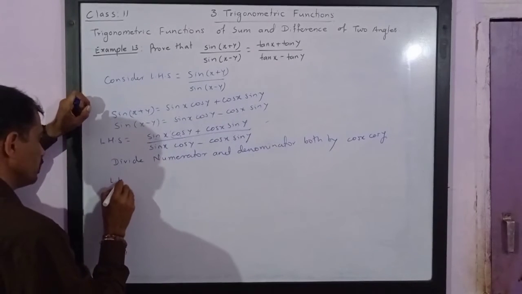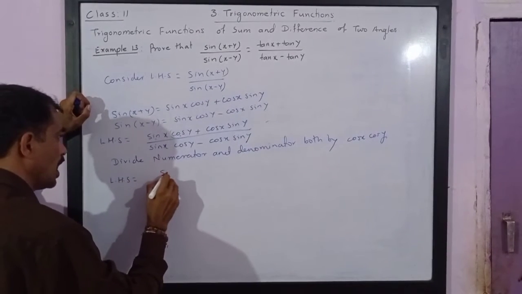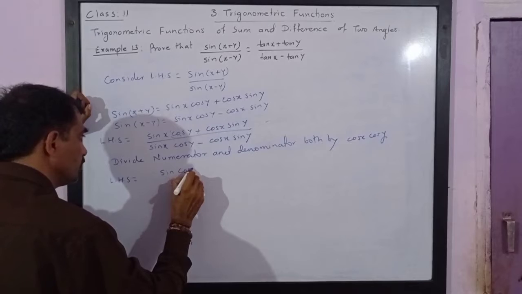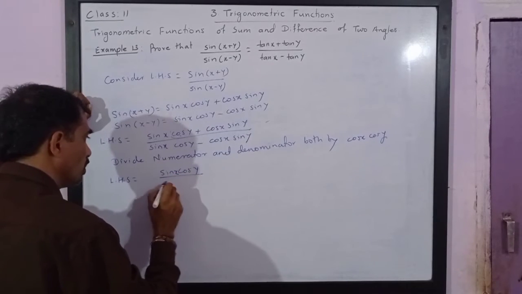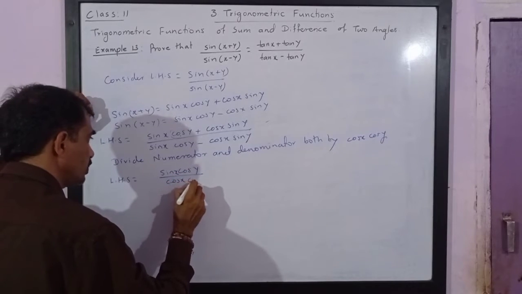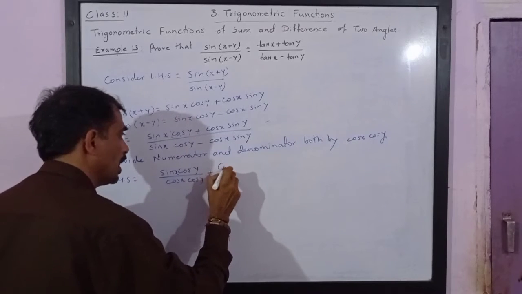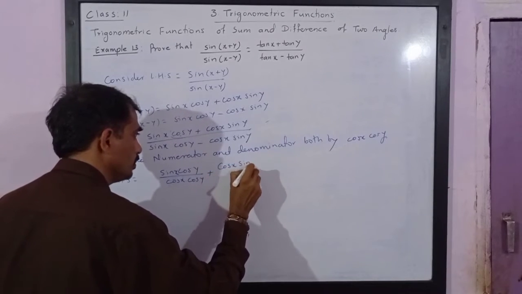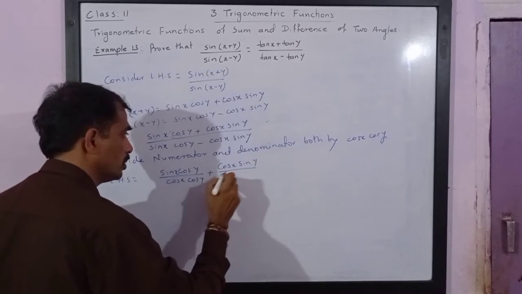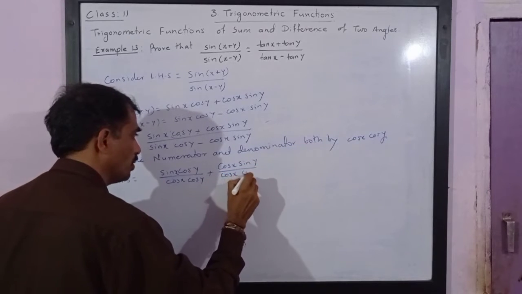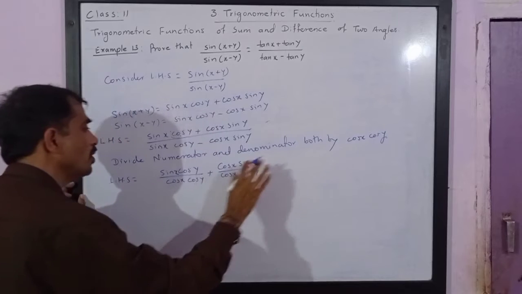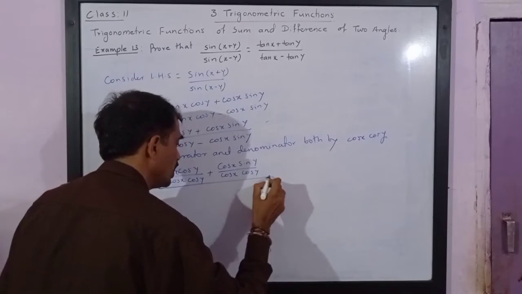LHS is equal to sin x cos y upon cos x cos y. Please note, the plus sign is there, so I am writing it separately. We will get cos x sin y upon cos x cos y. This is what we have divided the numerator by. Now let us divide the denominator.